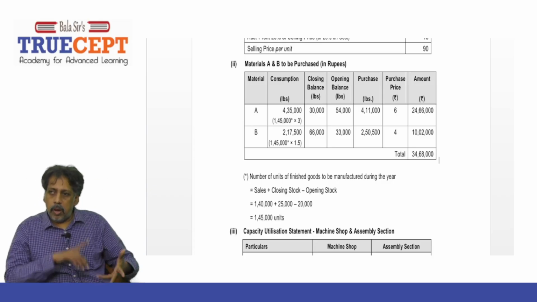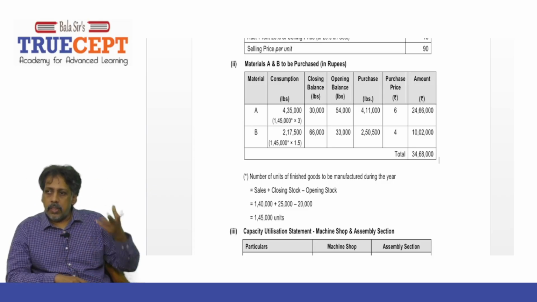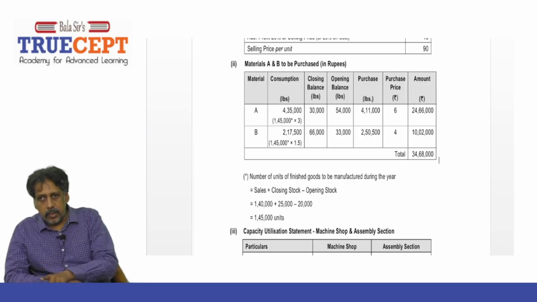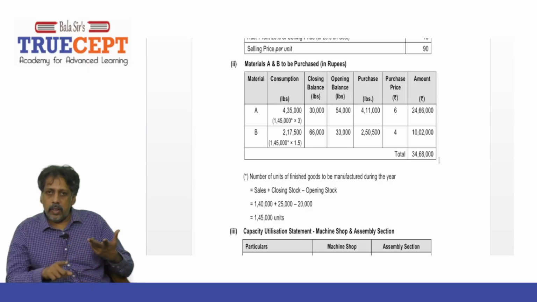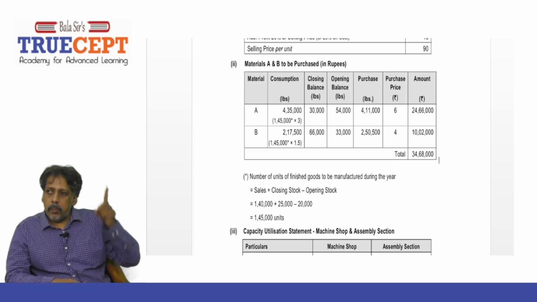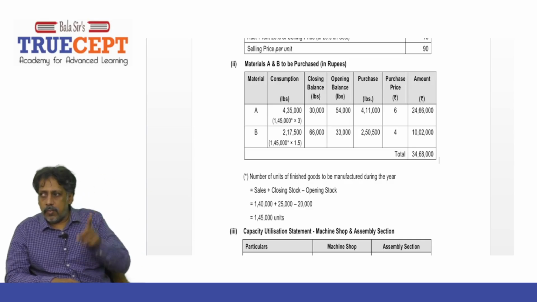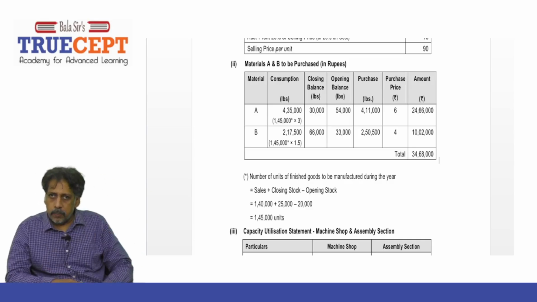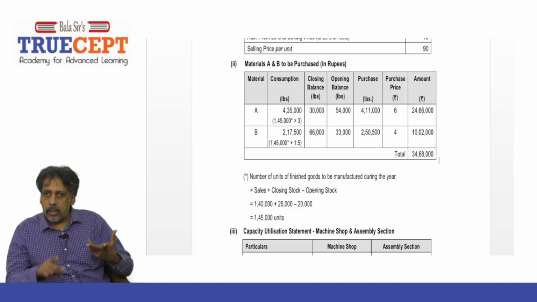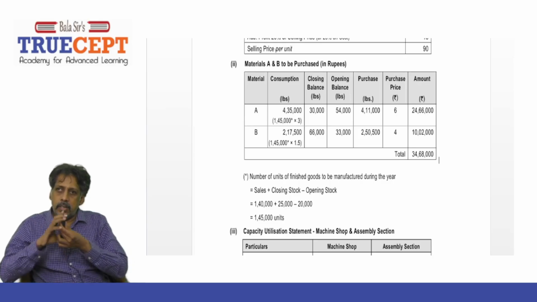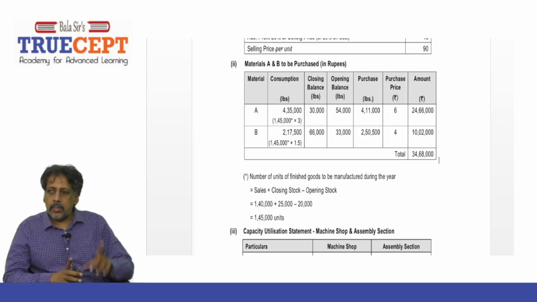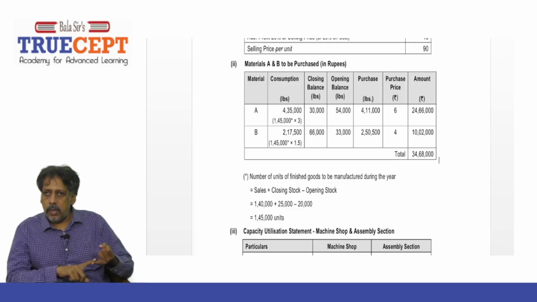Here, remember, one product manufactured uses 2 raw materials. Is that fine? So under the first column, A, how to find the consumption? Very simple. We know we have to produce 1,45,000 units of the finished product. Each unit of the product requires 3 pounds. 1,45,000 into 3 will give you 4,35,000 pounds.